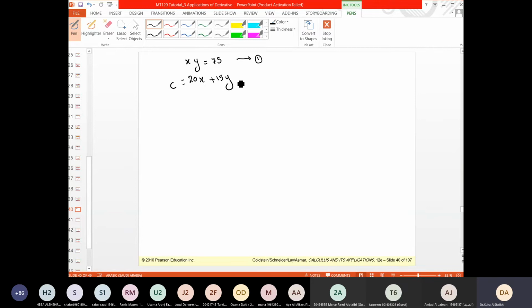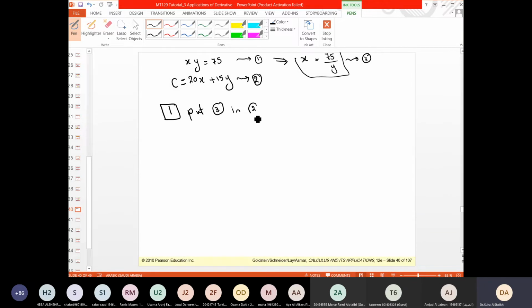I'm going to call this equation 1, and this equation 2. This is my cost. So from equation 1, I can get x equal to 75 divided by y. Let me call it equation 3.